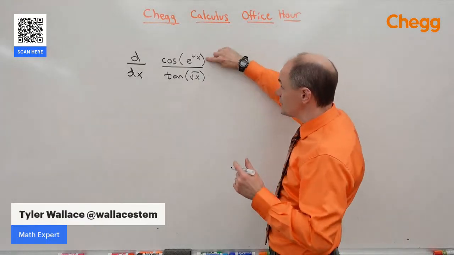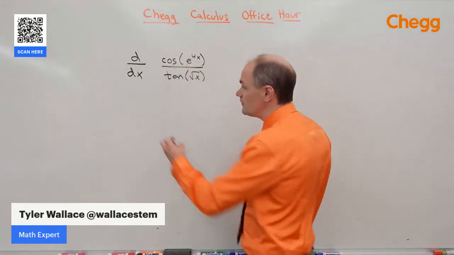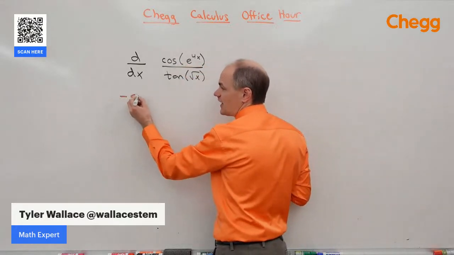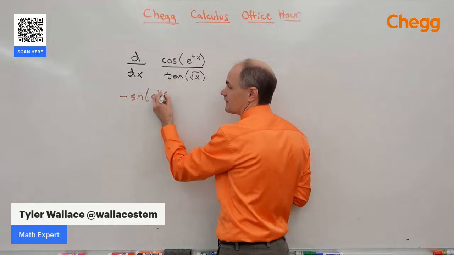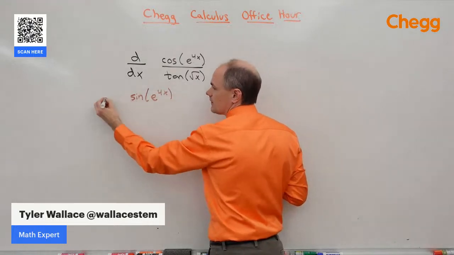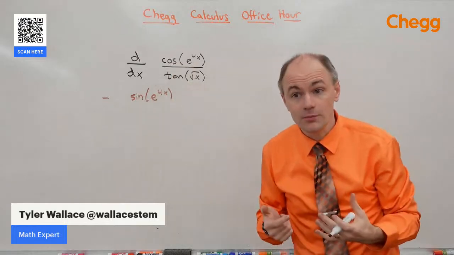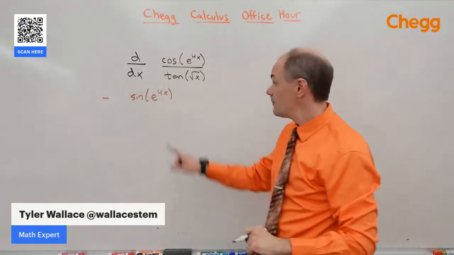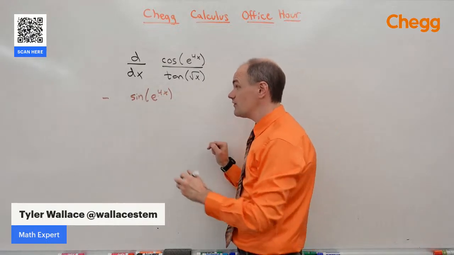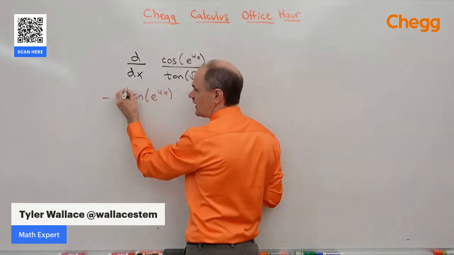The quotient rule says take the derivative of the top. The derivative of cosine is negative sine of all of that stuff. But when we've got stuff going on the inside, we have to then multiply using the chain rule by the derivative of that stuff. The derivative of e to the stuff is e to the stuff.